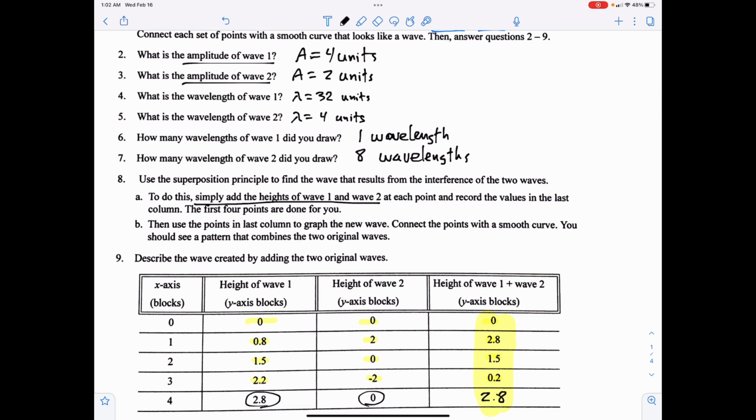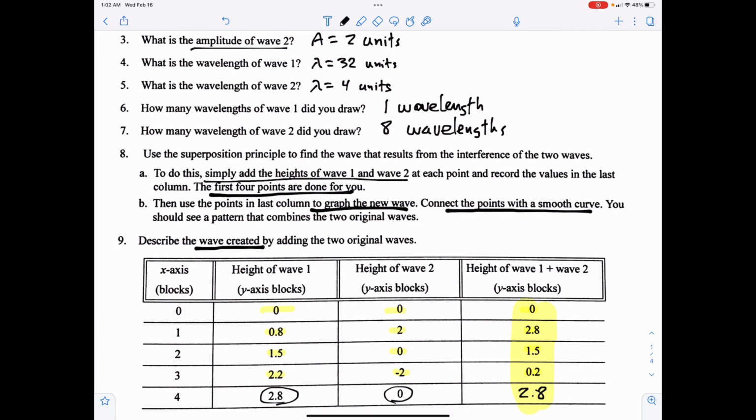Okay, so part 8, we did that. We added up the first one. We finished graphing this new wave, and we connected the points to make a smooth curve, right? And describe the wave that happened. Well, this wave is a combination of wave 1 and wave 2.